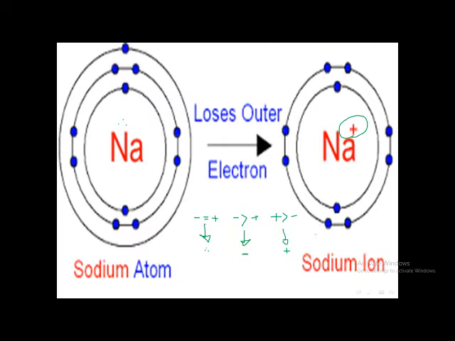And here we have this state. So the sodium becomes more positive. That means I have more protons than electrons. But what is the number of protons and what is the number of electrons? Because the charge here increased by just 1, we have just one more proton than electron.